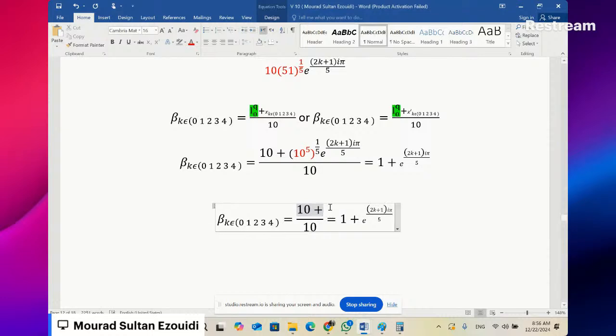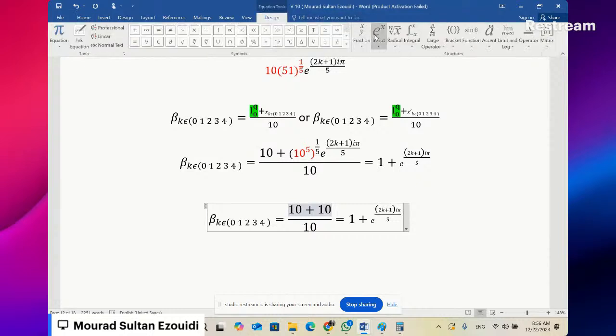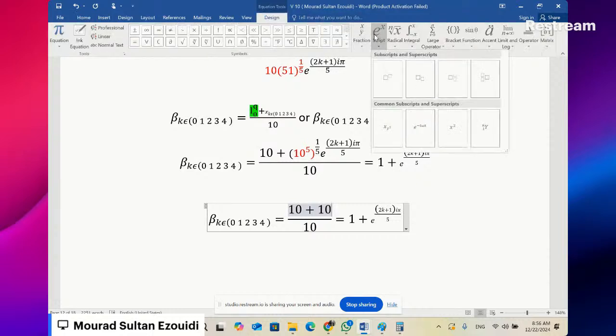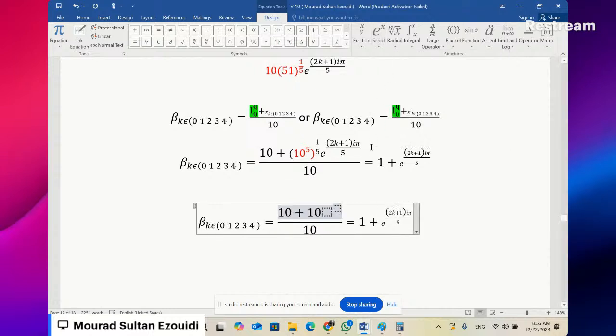I will write 10 times 10 times, equation. The 51 raised to the power 1 divided by 5.